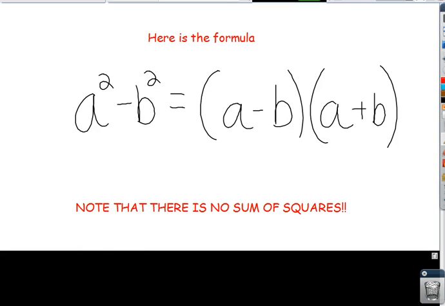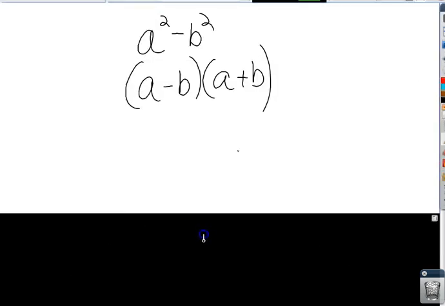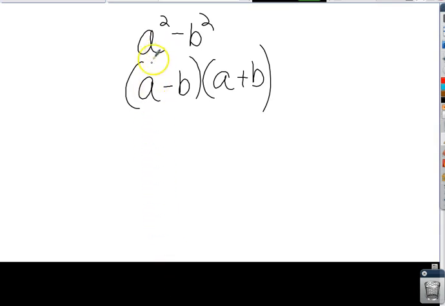Alright, here is why this formula is the way it is. So let's take a peek here. If I have a squared minus b squared, I'm telling you this is the formula, where we have just a minus b and a plus b. Here's why. If you're not sure, when in doubt, you FOIL it out. So FOIL, remember, our wonderful way to distribute binomials. First term times first term, a times a, a squared.